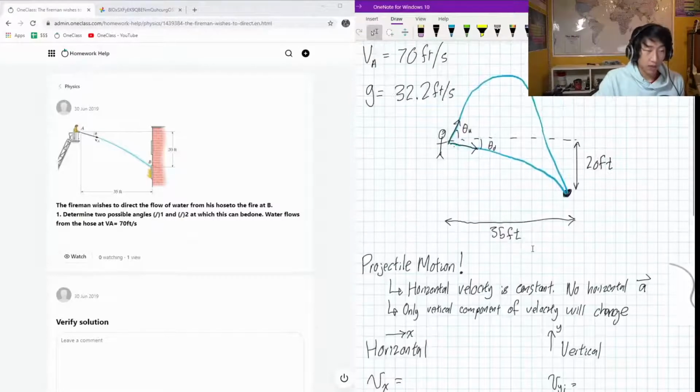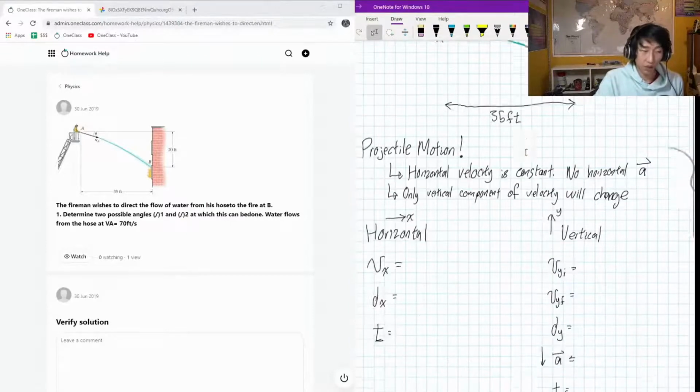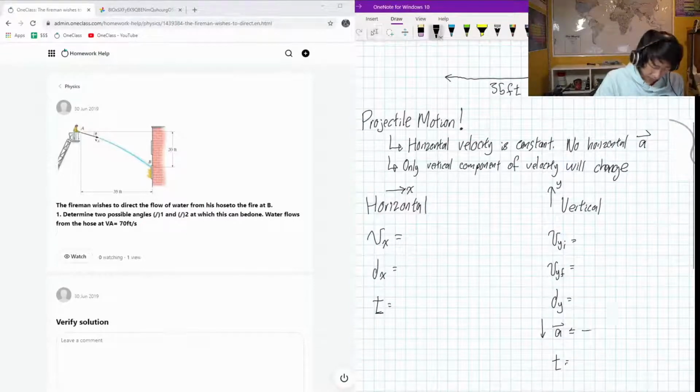Okay, so let's express some equations for this. We know that gravity is going to be negative 32.2 feet per second squared, because we're going downwards. That will be one of the things that we know.